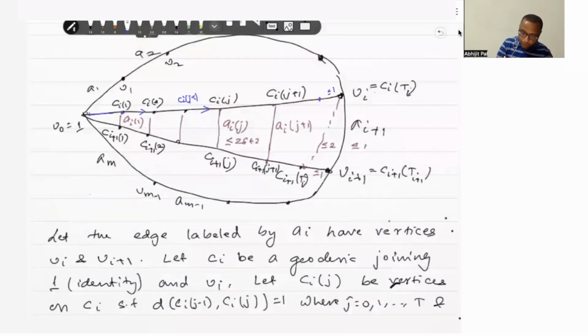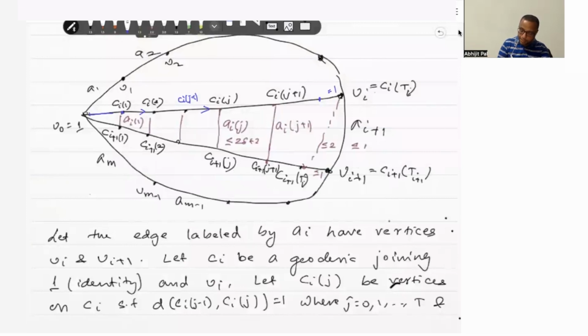So note the following thing here. This Vi is a vertex, so the distance between 1 and Vi will be a natural number. Therefore this distance will not be at most 1, it will be exactly equal to 1.